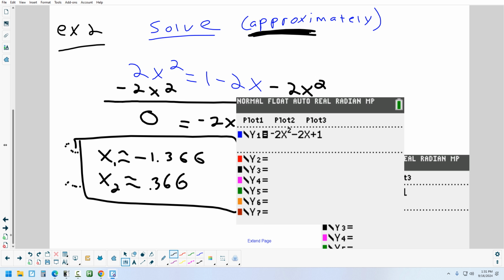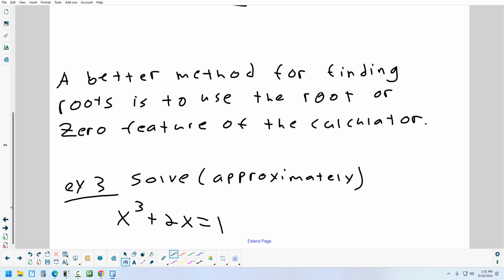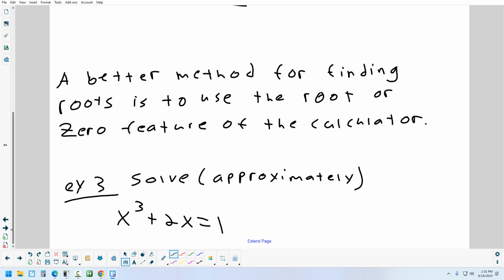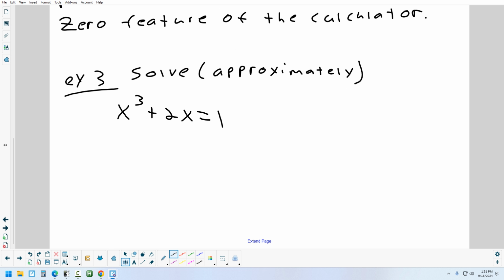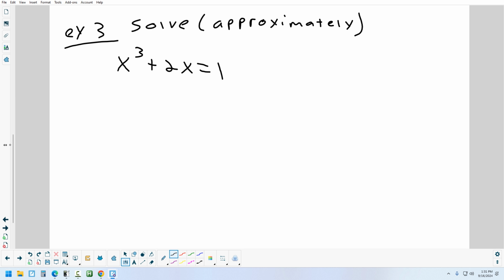Let's try one more of those. Let's try this one. The directions here are to solve, and we're going to do it approximately.